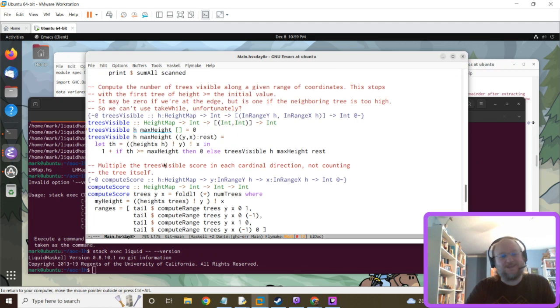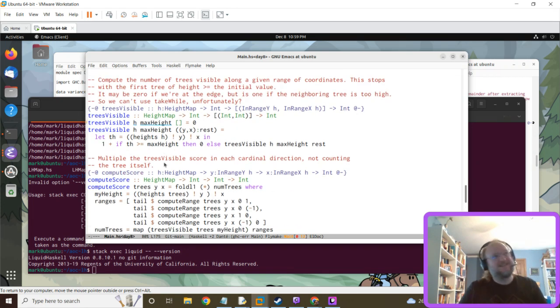I'm a little unhappy that part 2 is sort of brute force-ish. Advent of Code often has this feel where you come up with something clever on part 1, and on part 2 the assumption is broken. You have to do the dumb brute force thing that you should have just done in the first place.